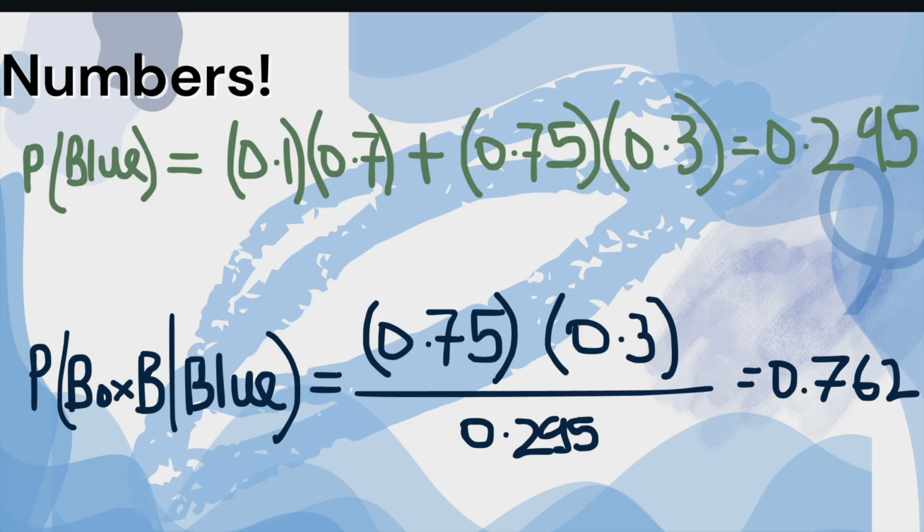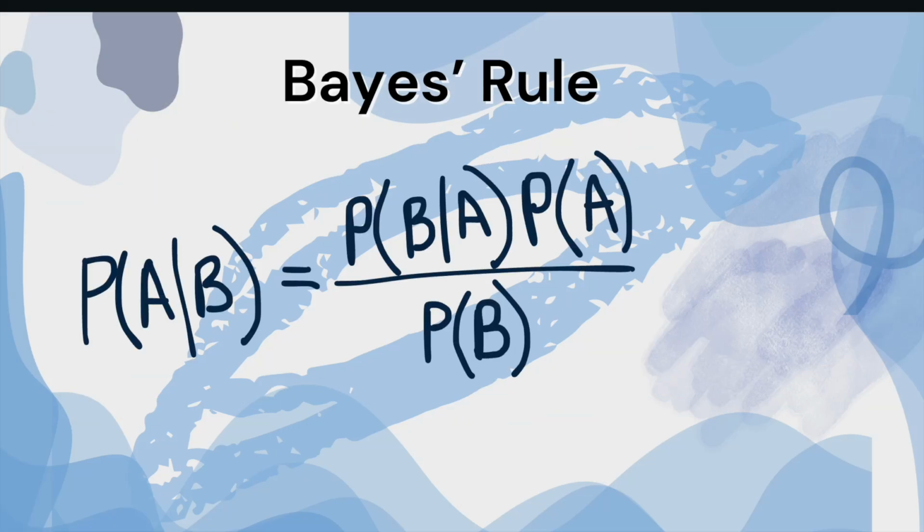Now, if you recall, initially when we only knew how often the boxes were going to be picked, that is 70% of the time I choose box A and 30% of the time I choose box B, we were heavily inclined towards the ball being from box A. But after the evidence showed up, the odds flipped. And this is exactly what Bayes' rule helps us do. It helps us update our probabilities after we have seen some evidence.